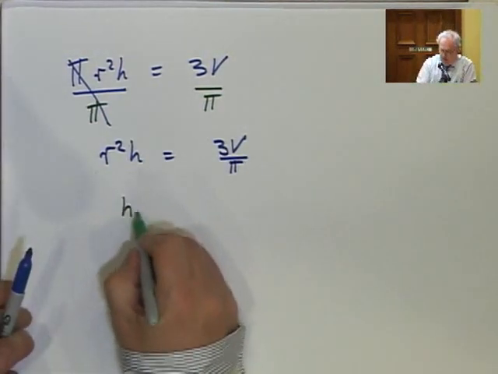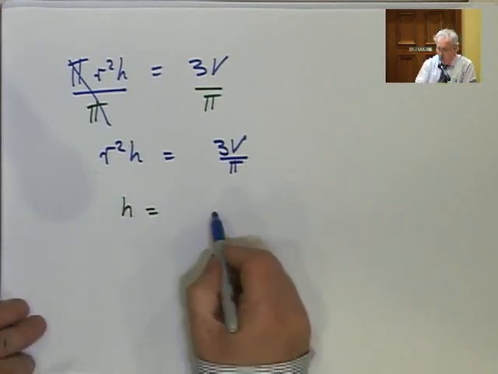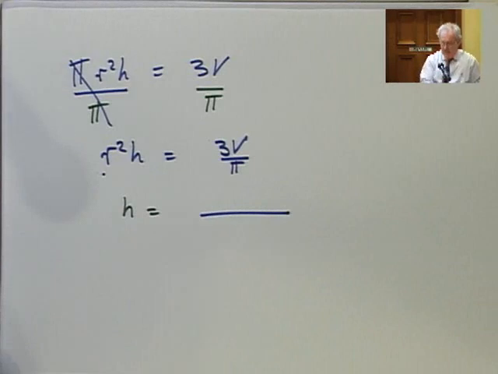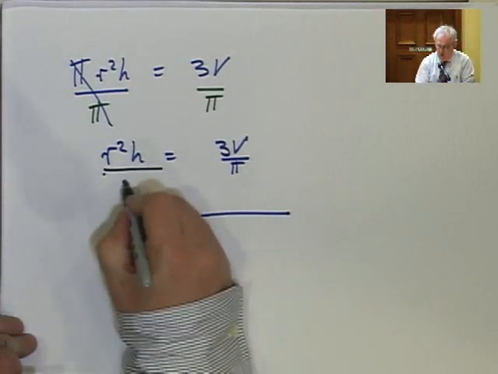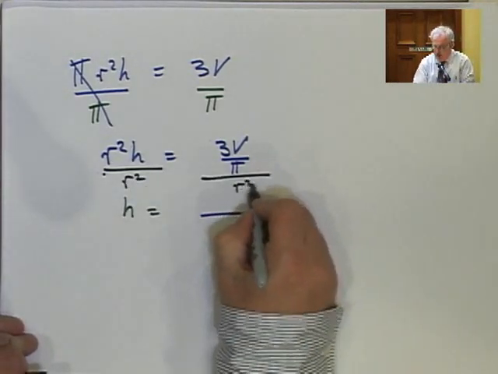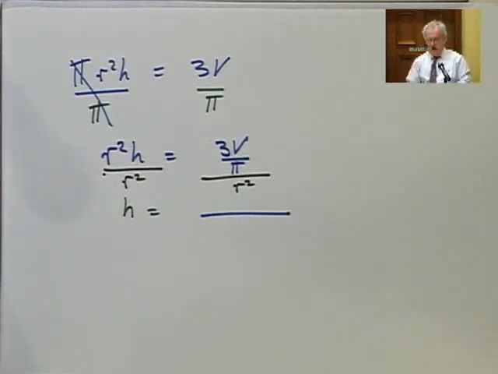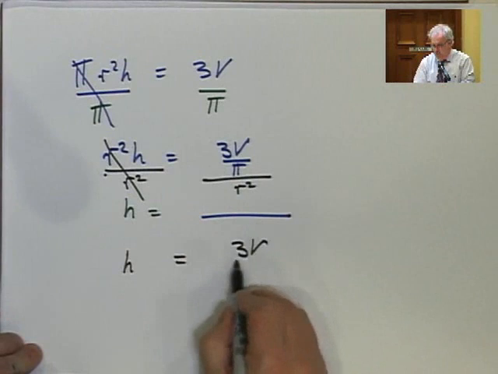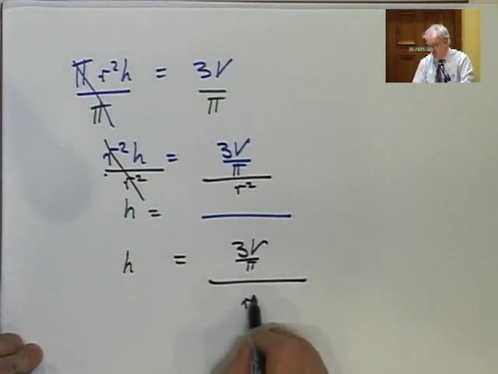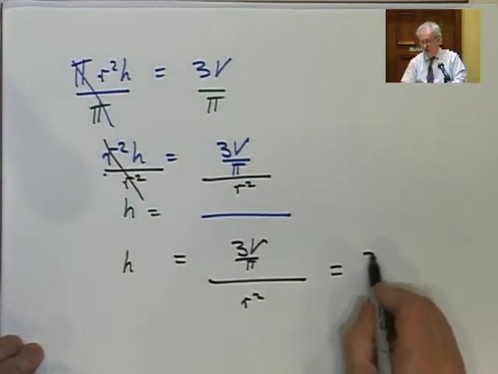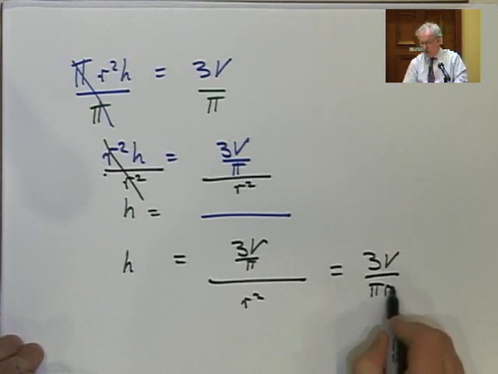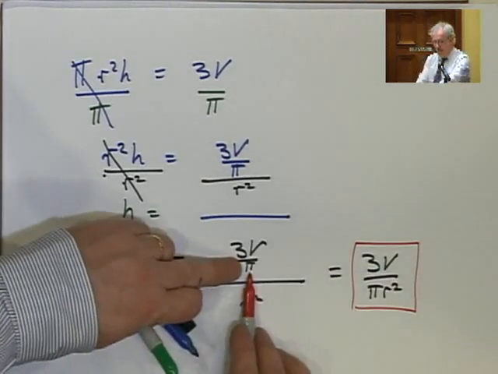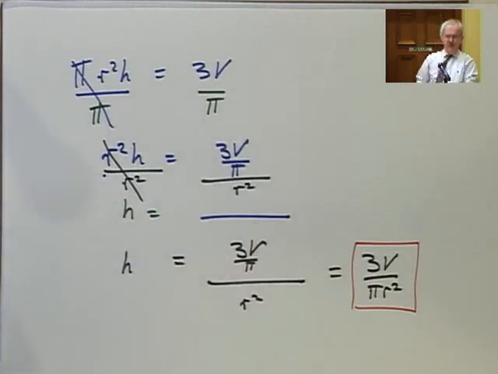Now, h is equal to all of this, because what I'm going to do now is divide by r squared, divide by r squared, and I'm going to get h is equal to 3v over pi all over r squared, or 3v over pi r squared on the calculator, because I'm dividing the 3v by pi and again by r squared.